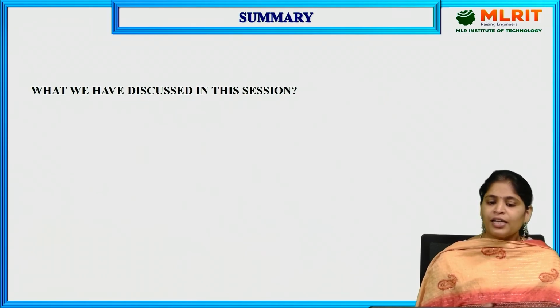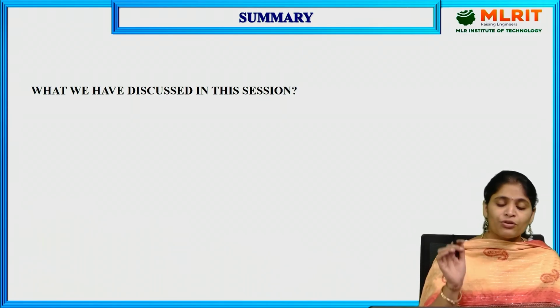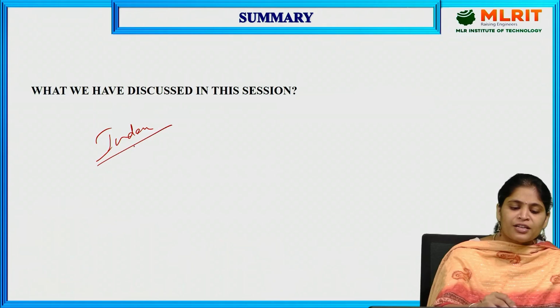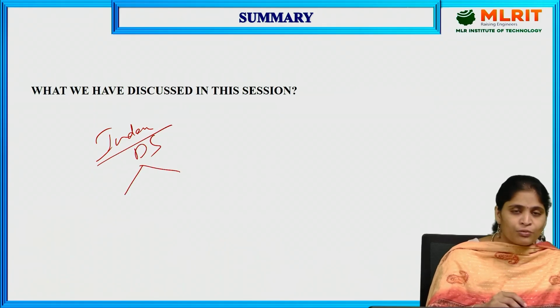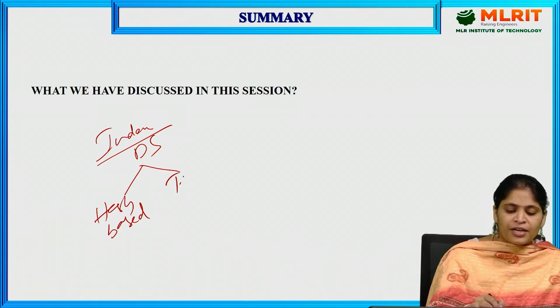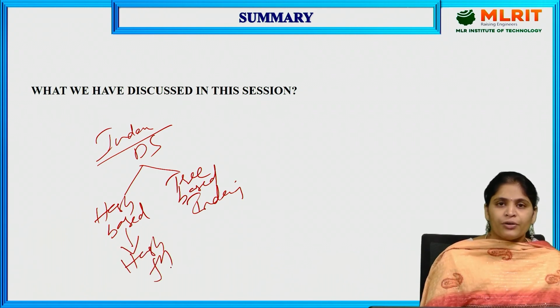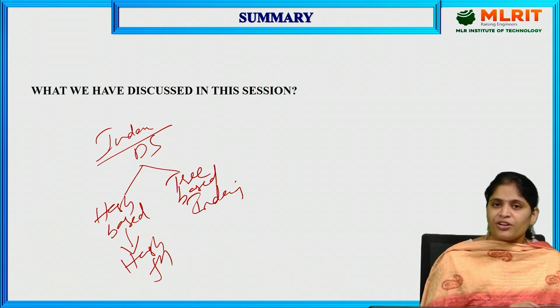And till now what we have discussed: we have discussed index data structures. We have two types, hash based indexing and tree based indexing. In hash based indexing, we use a hash function to maintain the index table or to generate indexes or addresses.